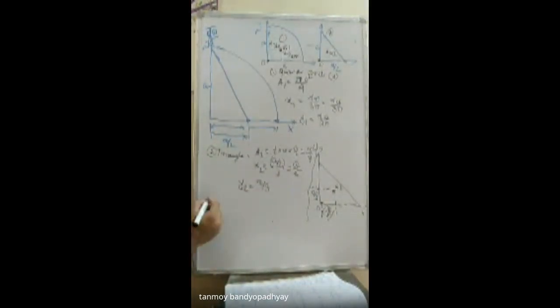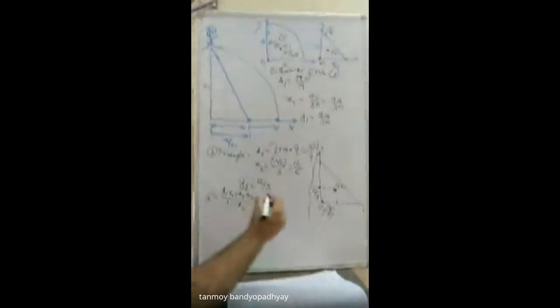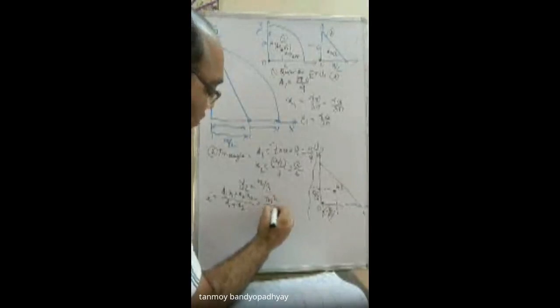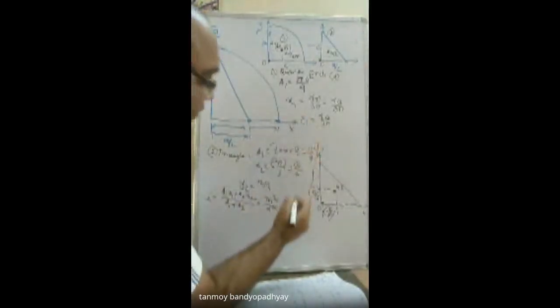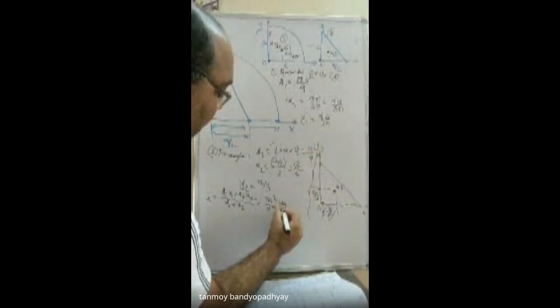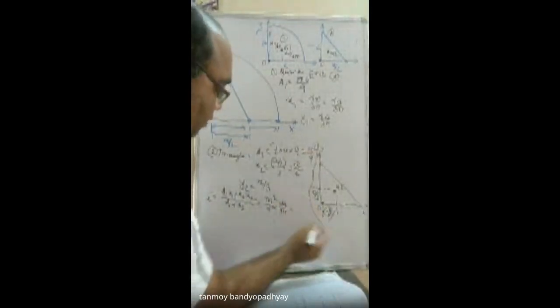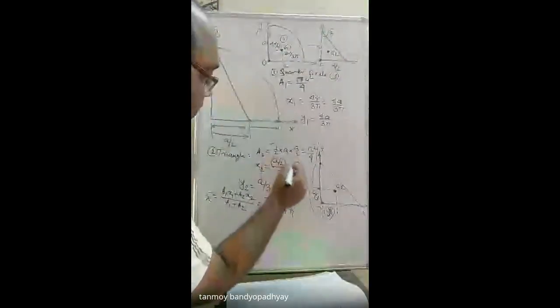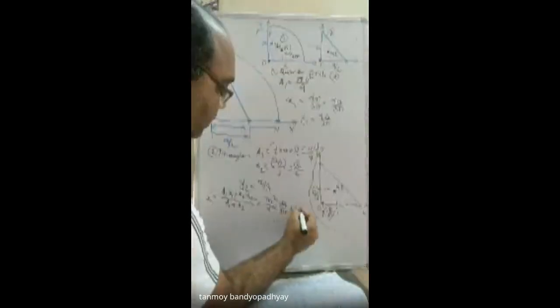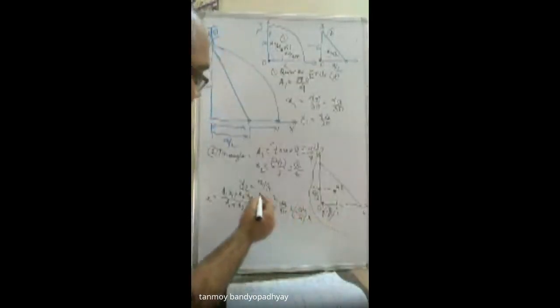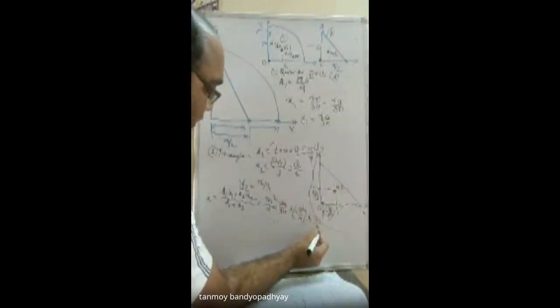So now let's do the final calculation. x bar will be equal to a1 x1 minus a2 x2 divided by a1 plus a2. A1 is pi square by 4 into x1, and x1 is 4a by 3 pi, minus, since I am putting the area as negative, a square by 4 into x2, a by 6, divided by a1 plus a2.